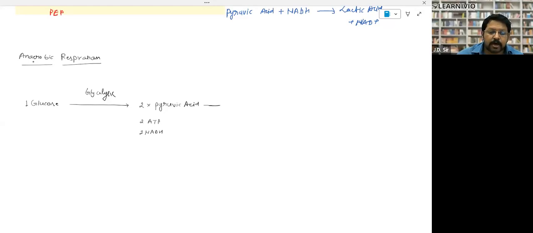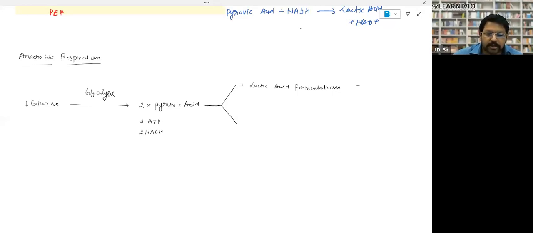After this, there are two paths, right? What we discussed. When it takes place with the help of microorganism, we call it preferably fermentation, right? So this is ethyl alcohol fermentation and lactic acid fermentation. In lactic acid fermentation, the formation of lactic acid takes place.